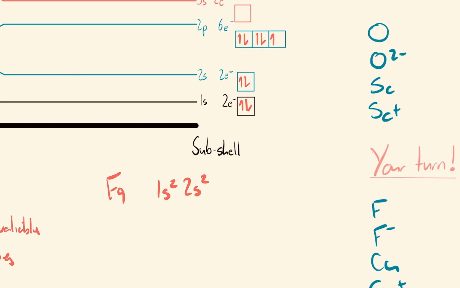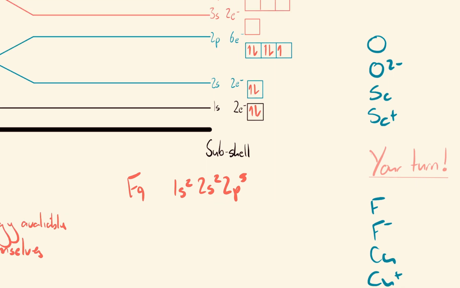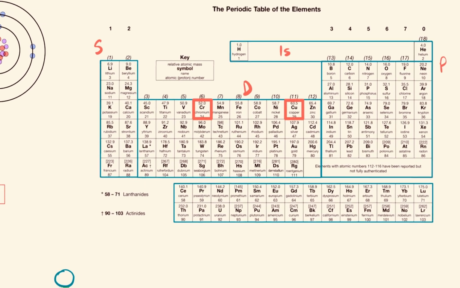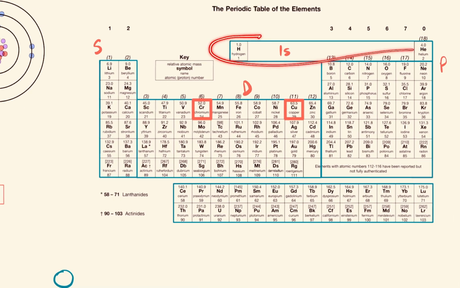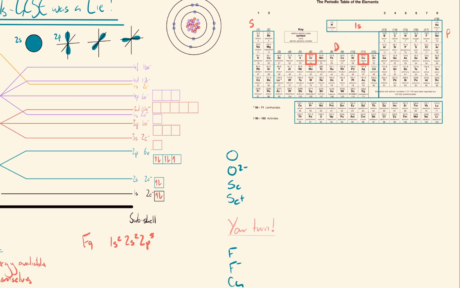And then we also have 2p5, so that we've got 5 electrons in the next one. And again, we can use the periodic table to help us do that. So we've got 1s2, 2s2, 2p, 1, 2, 3, 4, 5. Okay, let's do another example of this.